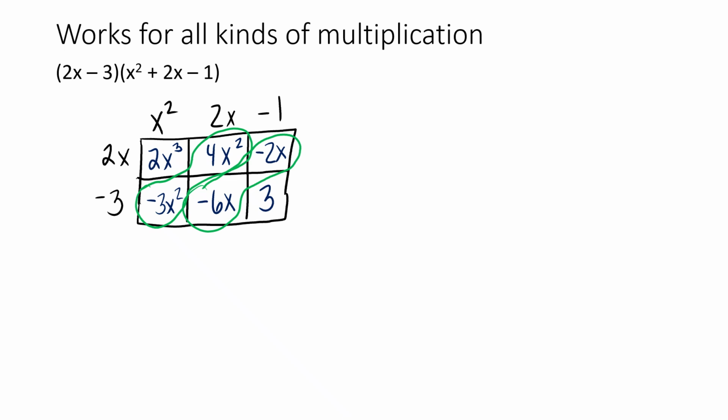The 2x to the third does not have anything we can add. -3x squared plus 4x squared would give me 1x squared. That's a plus sign. -6x minus 2x, or -6x plus -2x, is -8x. And then we have the +3. And you do not need the 1 there if you don't want it.